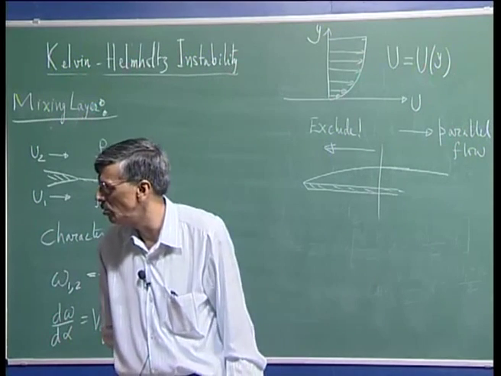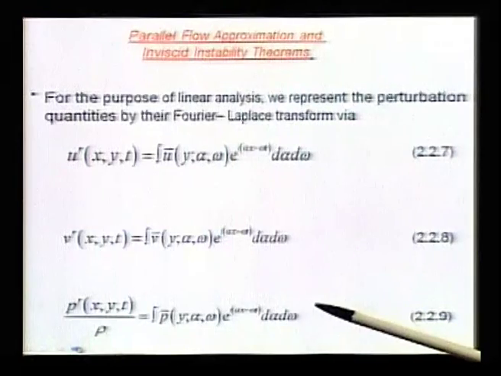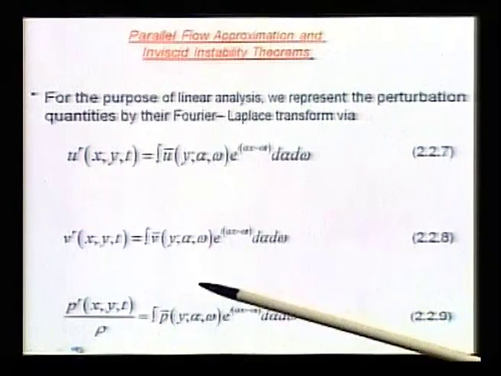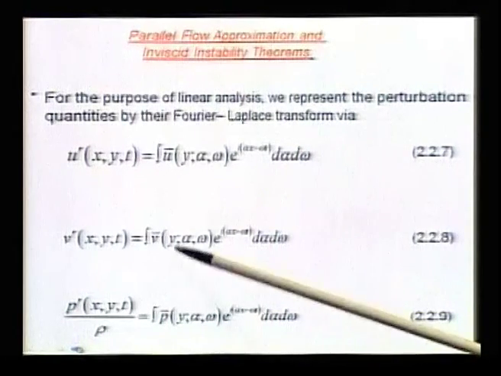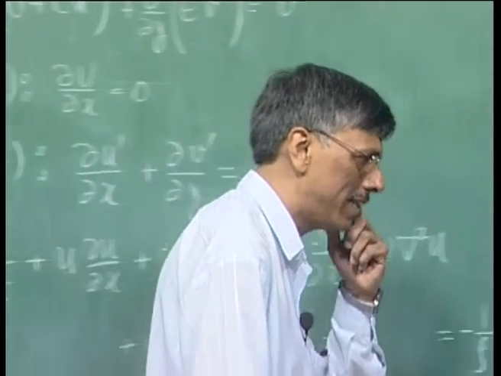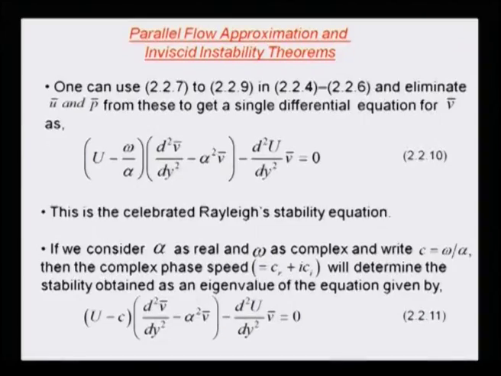That is what we would be doing. So, let us put this description for the disturbance field in terms of their Fourier-Laplace amplitude u bar, v bar and p bar.